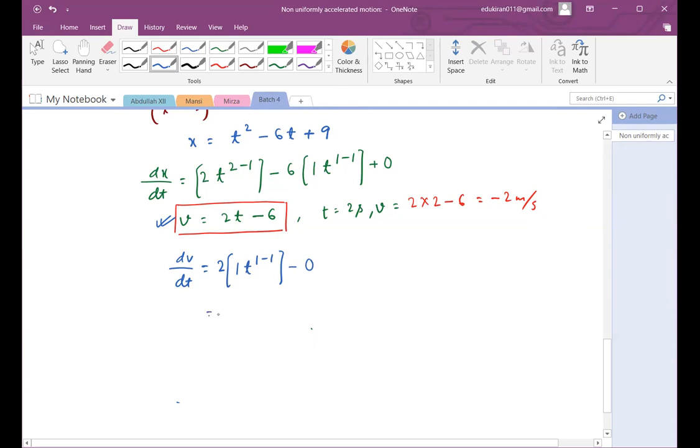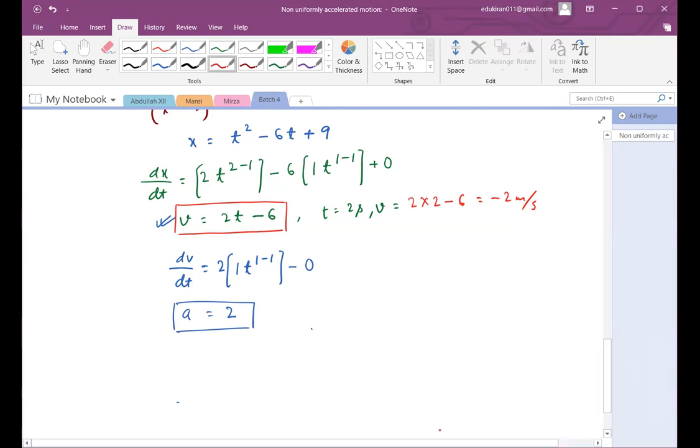Now simplify this. You will get 2. t raised to 0 will be just 1. So it will be 2 only. dv by dt is a, so a will be 2 meters per second square. Is it clear to everyone?